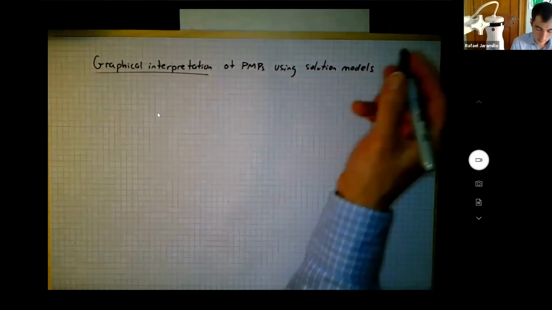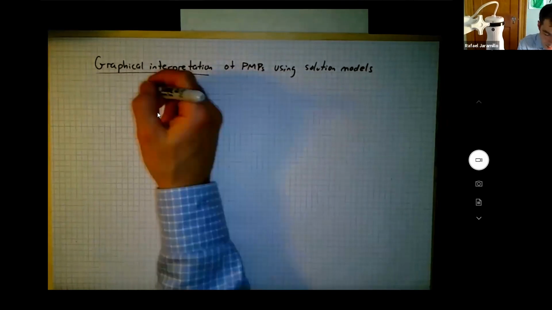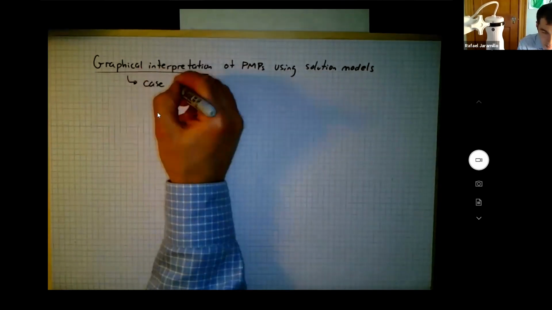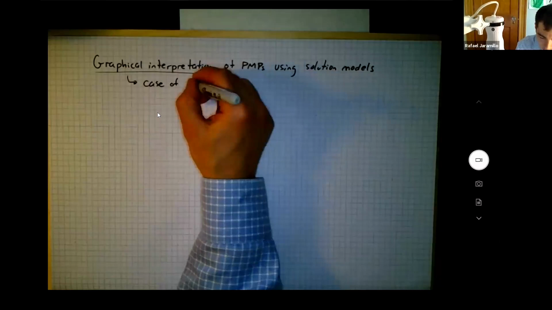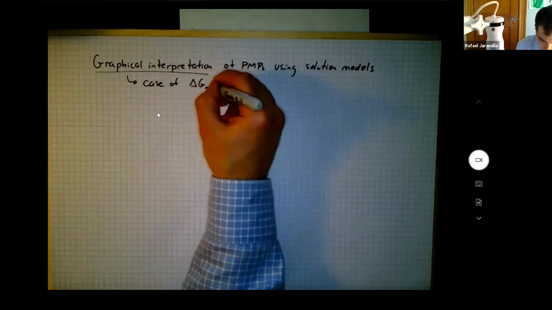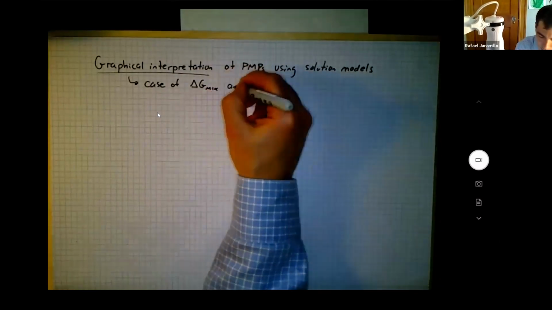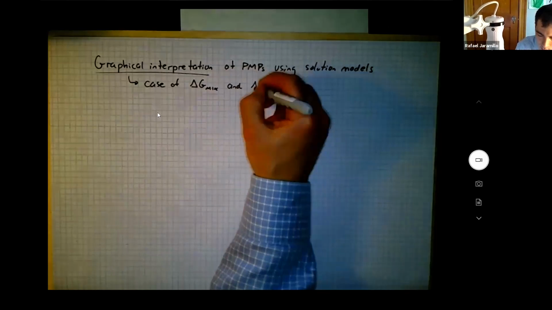So we're going to do this for the case of delta G mix and delta mu k.